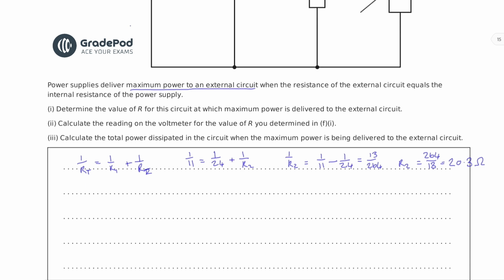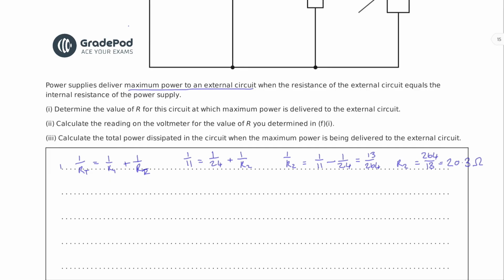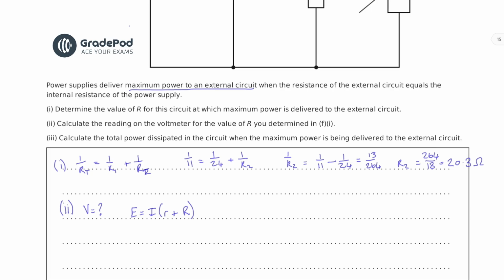Question 2. Calculate the reading on the voltmeter for the value R you determined in 1. So we want to find out what V is. And I think we're going to have to use E equals I times R plus r to find out what the current around the circuit is at that stage. These are the equations for internal resistance. So I equals E over R plus r, which is 12 divided by 11 plus 11.